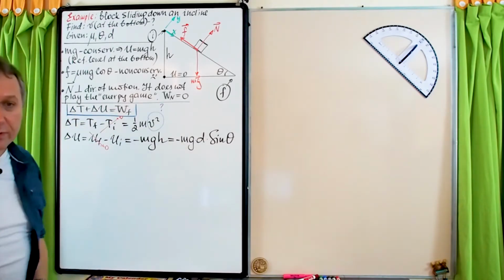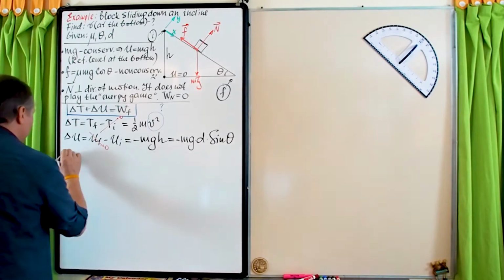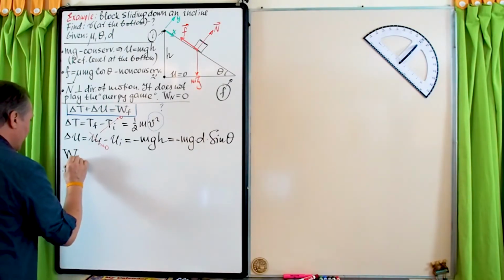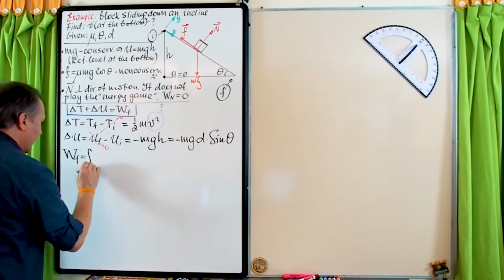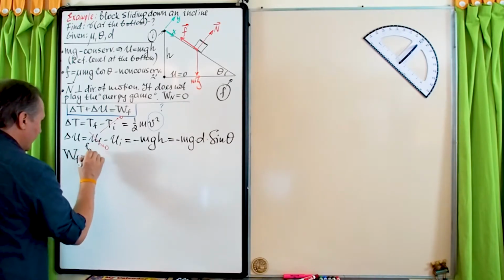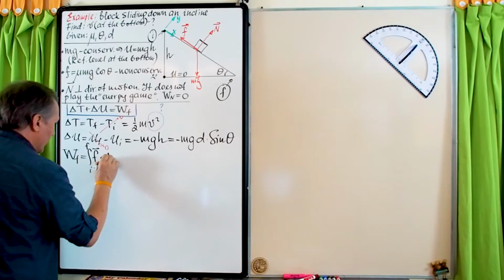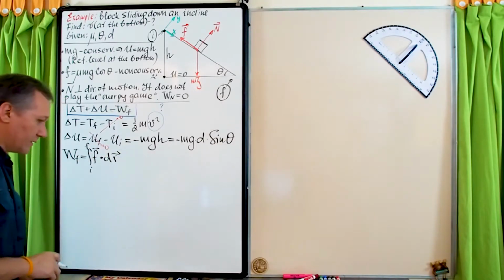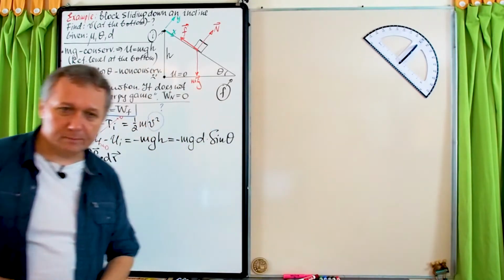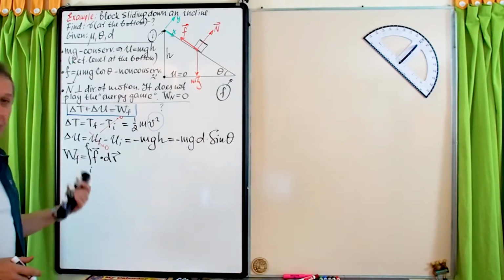Now the work done by the friction force. Of course, it's the integral from the initial to the final position of F dot dr. I think I used r, but it's not a big deal, I can use just dx.